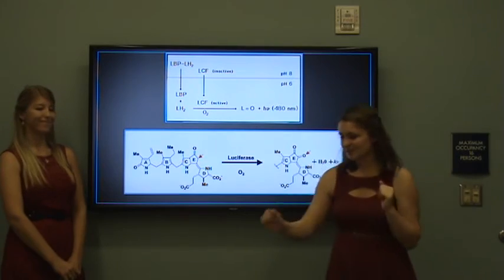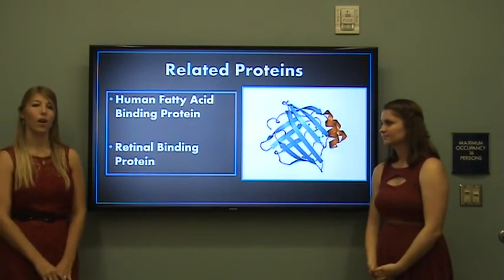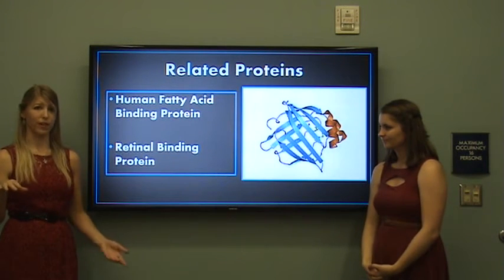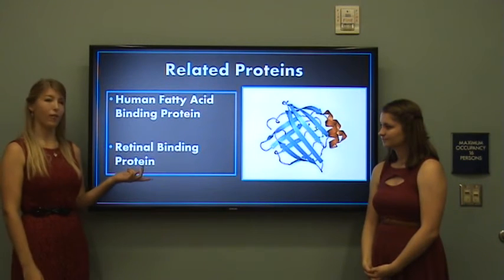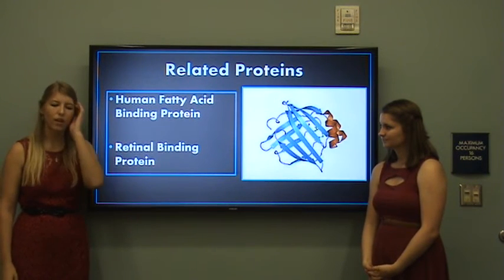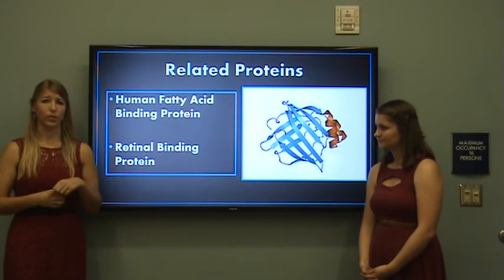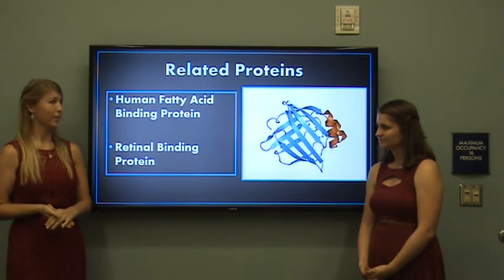So yeah, pretty simple. Some related proteins to luciferase are the 6 other forms of luciferase found in various organisms, as well as human fatty acid binding protein and retinal binding protein. Retinal or human fatty acid binding protein and luciferase are 18% identical and 38% similar.